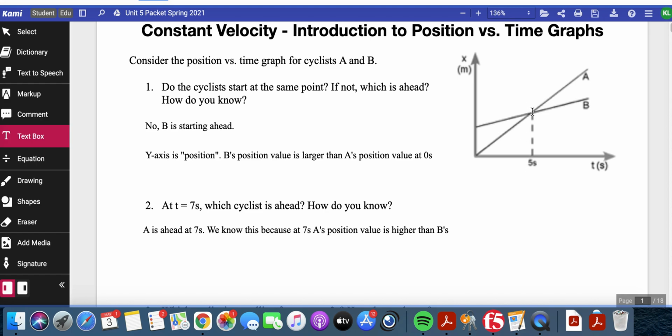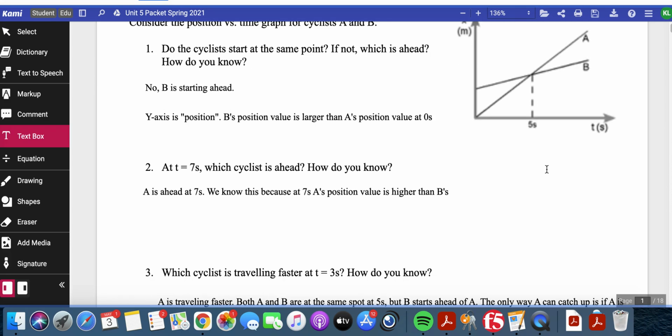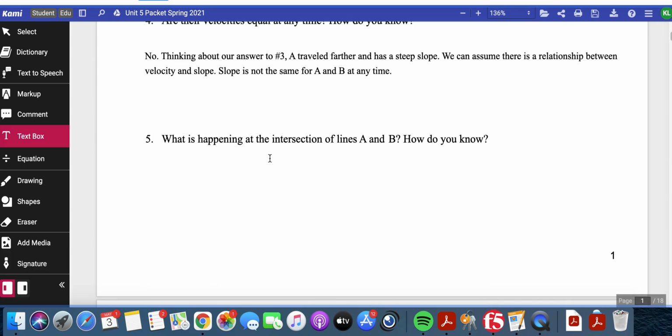What else is the same? The position, yeah. So if you have two lines that are intersecting, that means that coordinate for each line is exactly the same. So that means their time is exactly the same and their position is exactly the same.